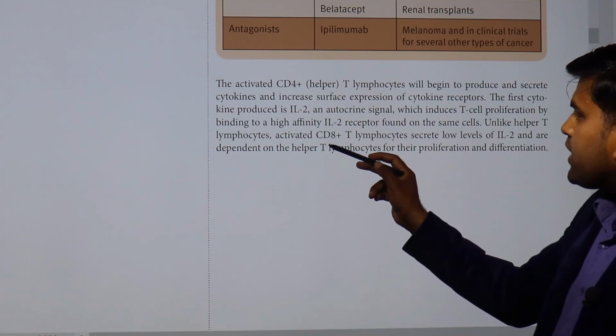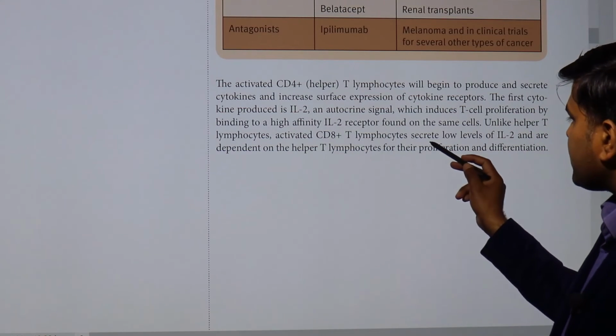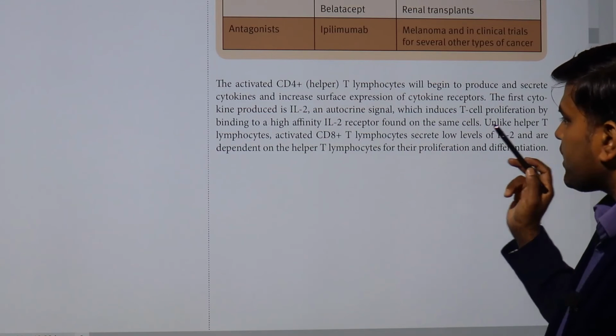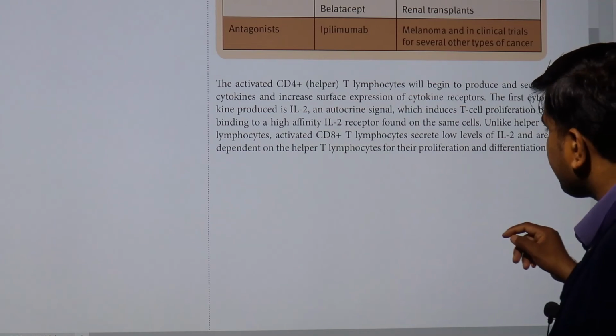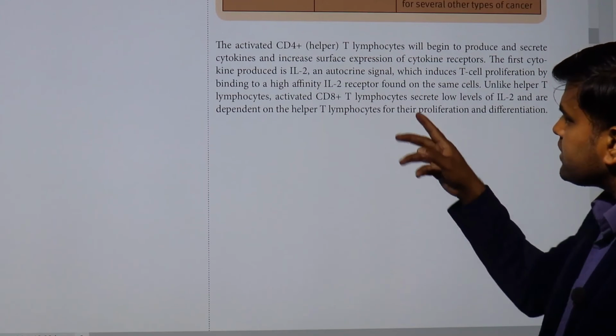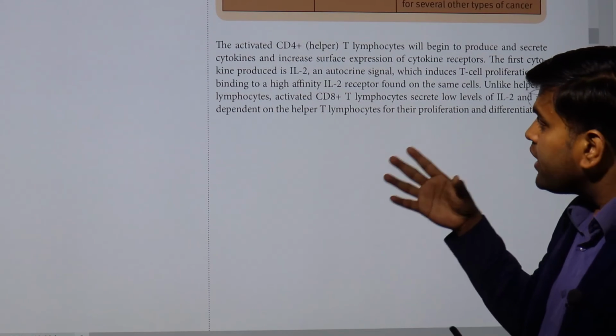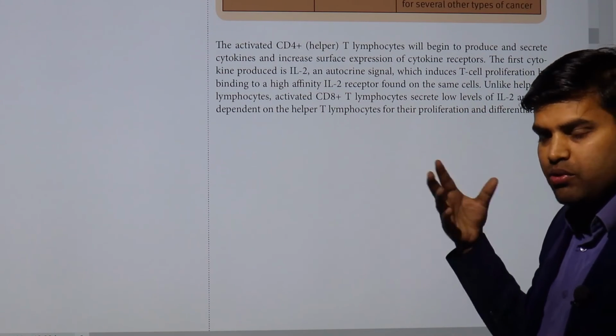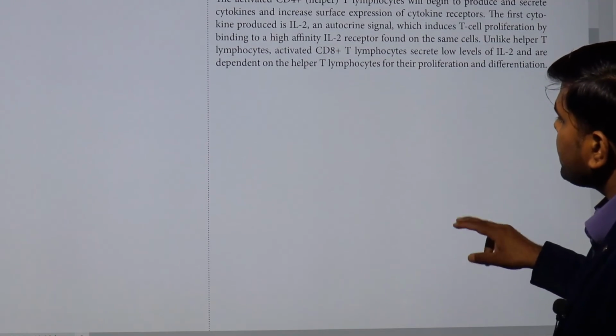Unlike the helper T lymphocyte, CD8 T lymphocytes secrete low levels of interleukin-2 and are dependent on the helper T lymphocyte for their proliferation and differentiation. So CD8 cells express only low levels, and they will always depend on the helper T cell for their proliferation and differentiation.